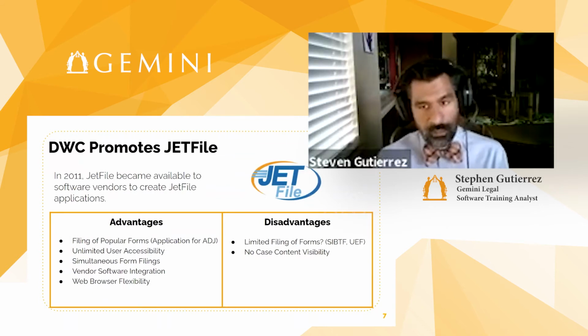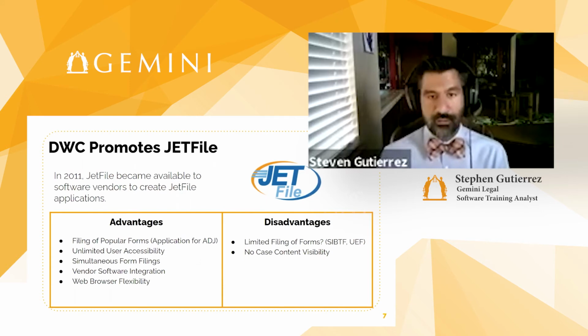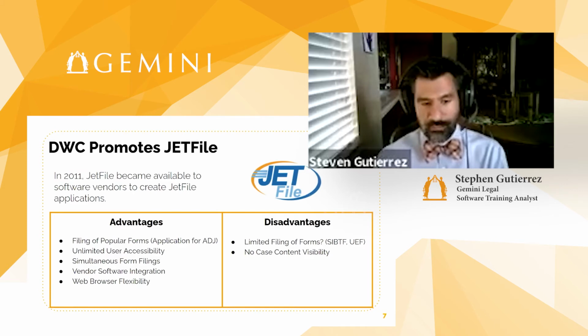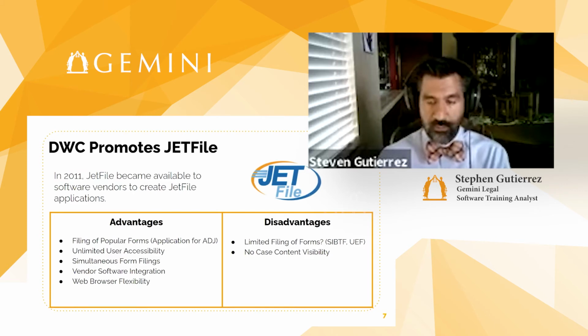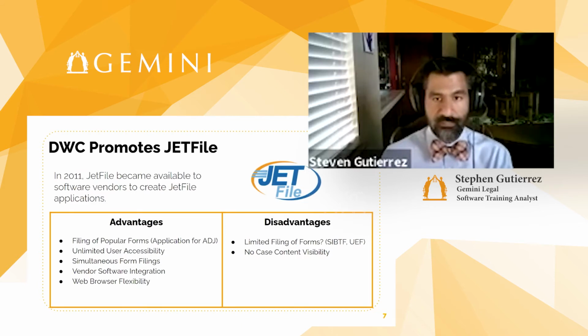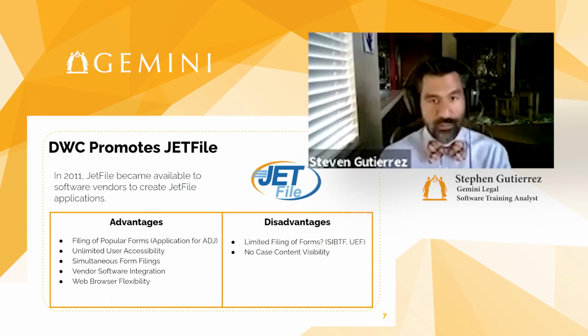And now the disadvantages. There are a limited amount of forms that are available to the Jetfile system. So some types of cases cannot be filed on, as well as UEF cases cannot be filed on.